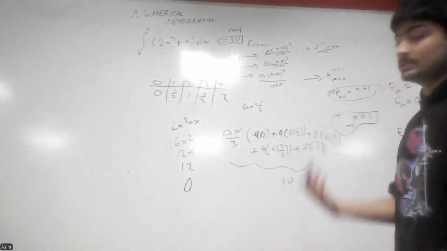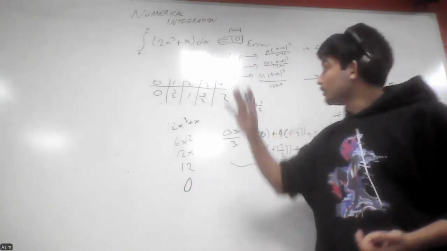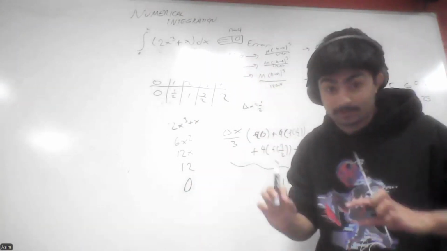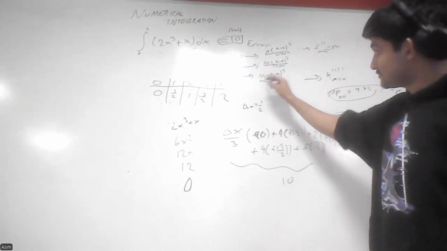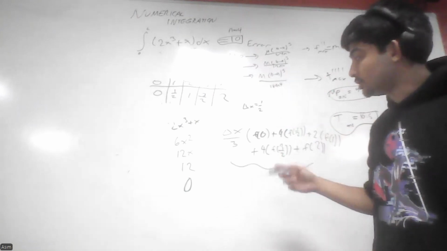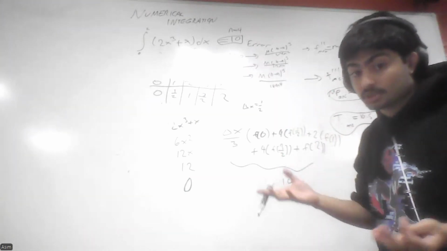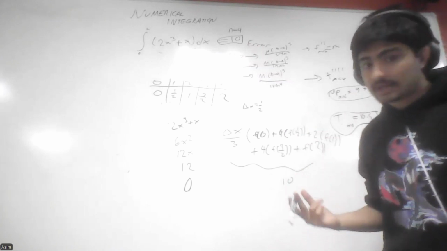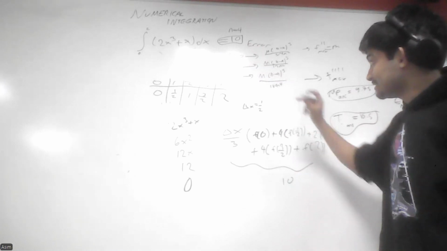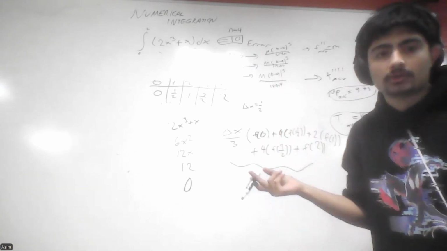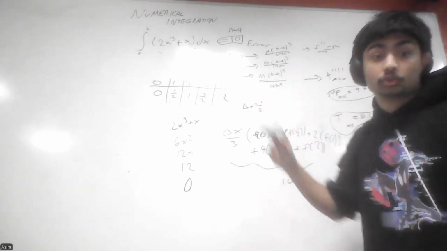And now, since we got 0 for the fourth derivative, you can only say that Simpson's rule has to be 100% accurate, which means that this formula will generate 0. And if we actually want to see how much error we got, you just do 10 minus 10, and you still get 0% error. That's why Simpson's rule works the best for every function you can use. This is a very good estimation.